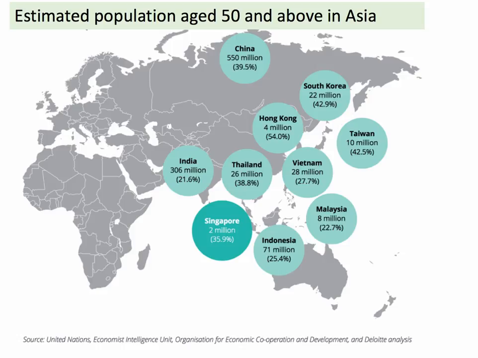This chart shows the estimated population for people aged 50 and above in millions, and as a percentage of the total population for 2025 in a whole series of emerging Far East Asian countries. Thailand, for example, by 2025, nearly 40% of the population will be aged over 50. In China, 40%. Compare that, of course, with India, where just over 1/5 of workers will be over 50.